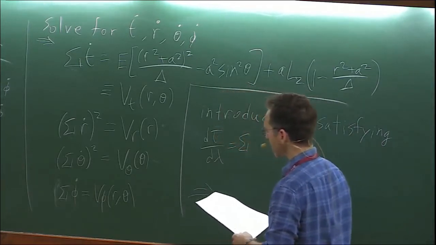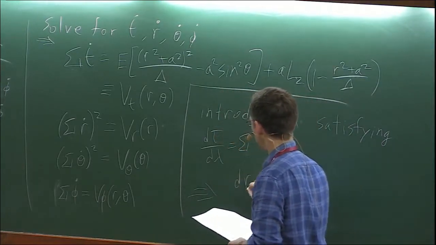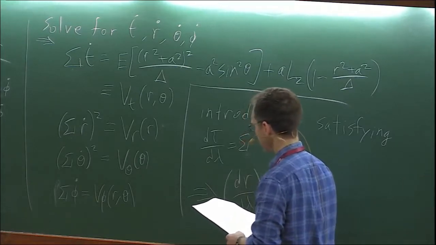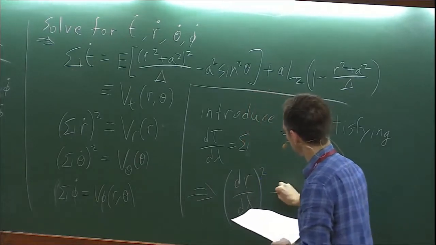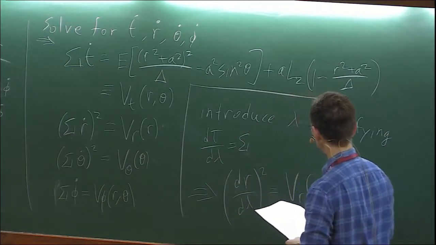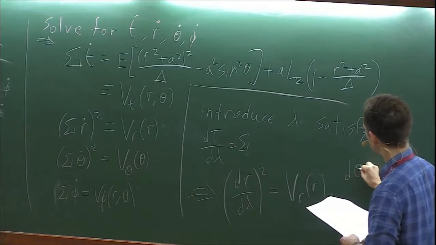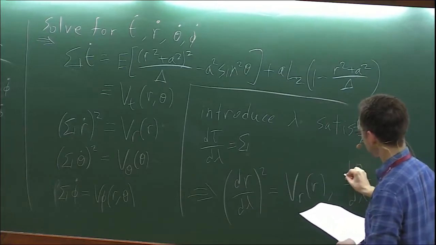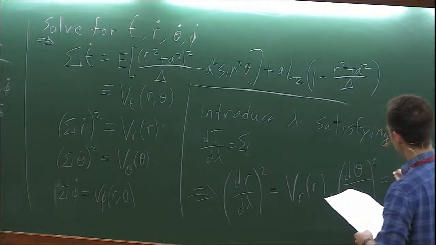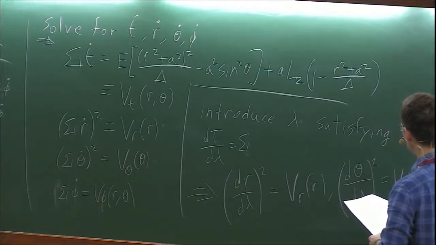So in terms of this new time, we have (dr d lambda) squared is just V_r of r. We have (d theta d lambda) squared is V_theta of theta.